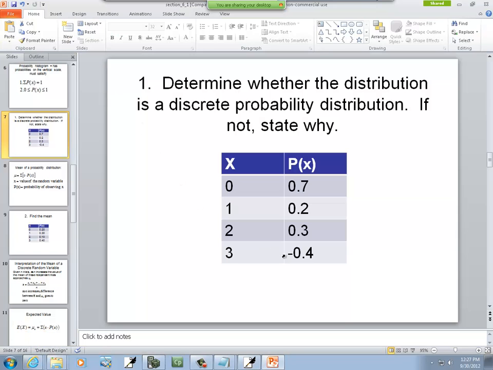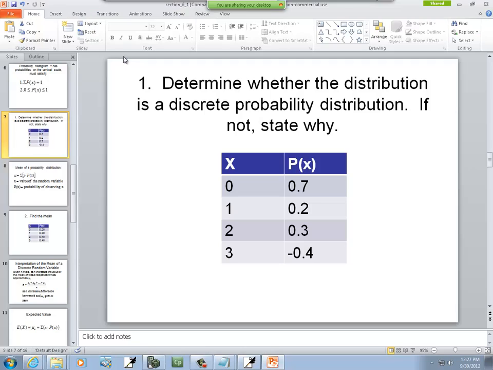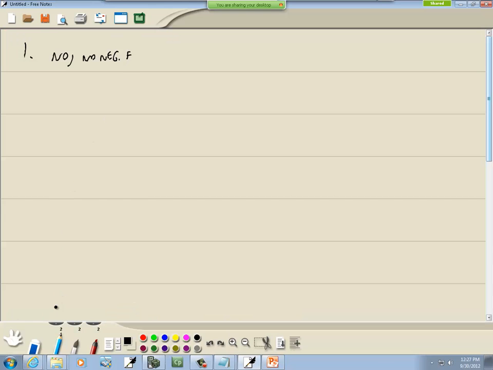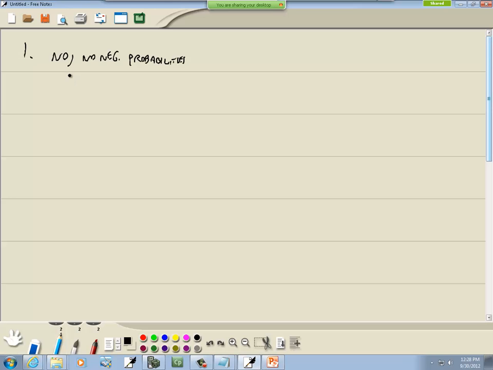We can't have negative probabilities. Even more than that, these don't add up to 1. That's 1.2 minus 0.4. That doesn't add up to 1. So there's two reasons here.